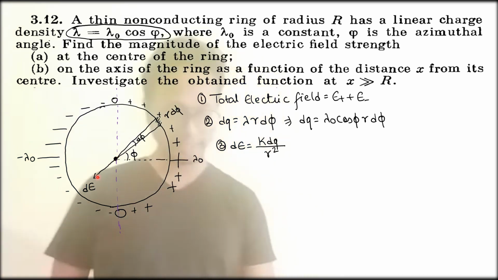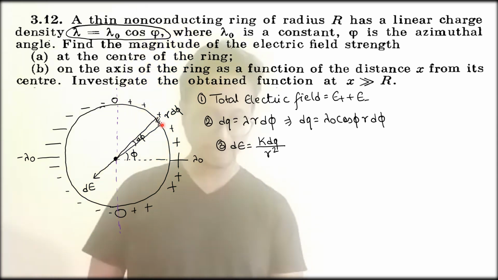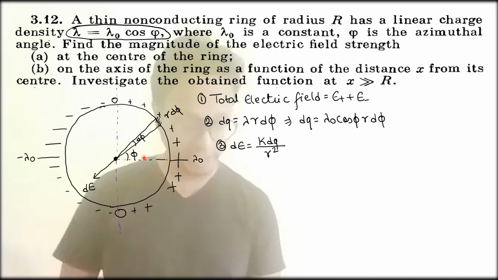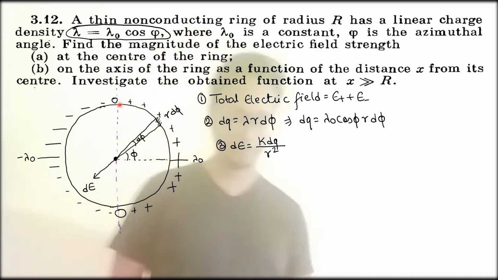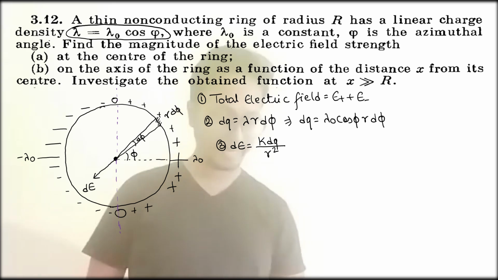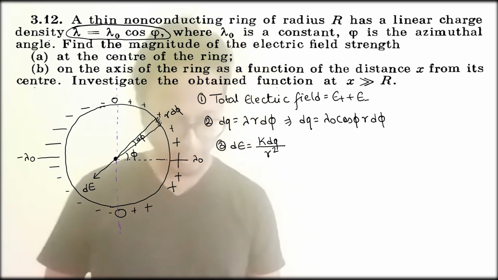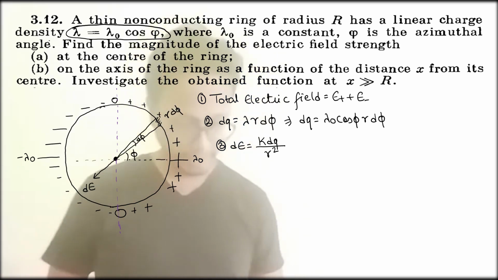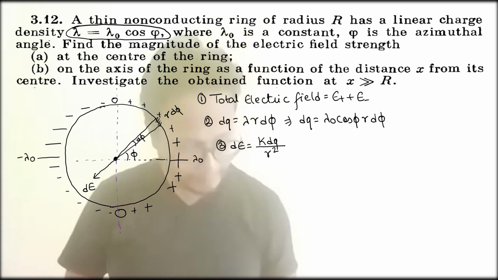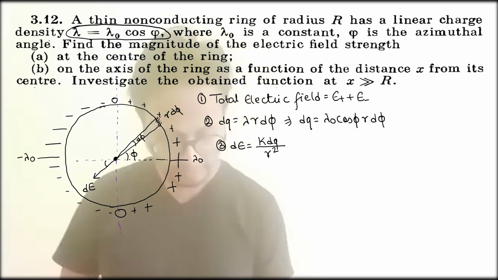Now dE is the total electric field due to this much element. Now what do we need to do? We only need to find out the horizontal component of this electric field. Why? Because this horizontal component and this horizontal component will be added. So if I draw a line out here, if this angle is phi, this angle is also phi, isn't it?